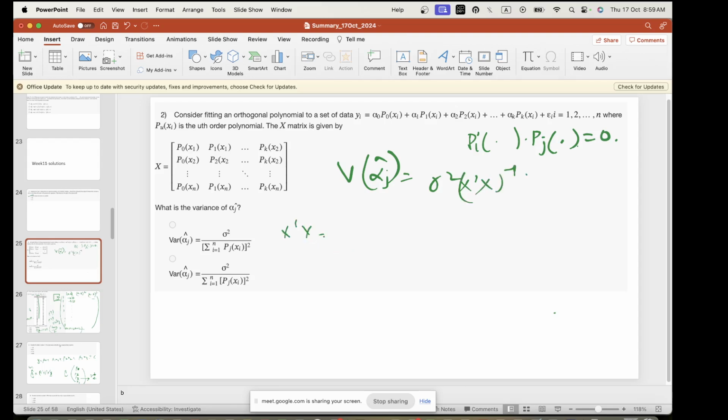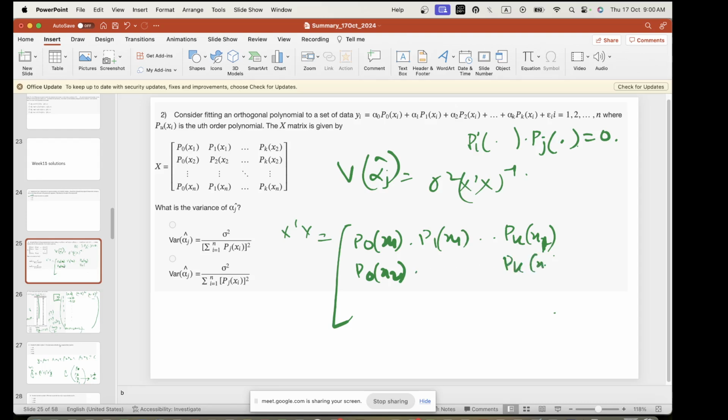Now X prime X is how much? This is p naught x1, p1 x1 to pk x1, and then we have p naught x2 to pk x2, then we have p naught xn to pk xn.